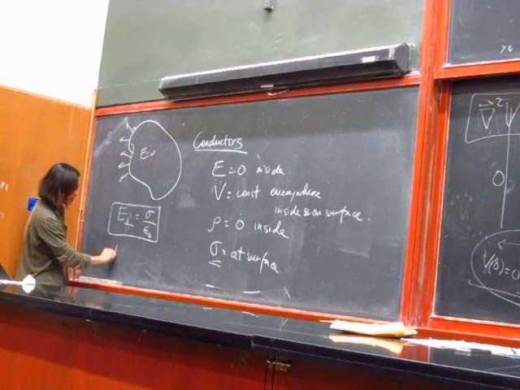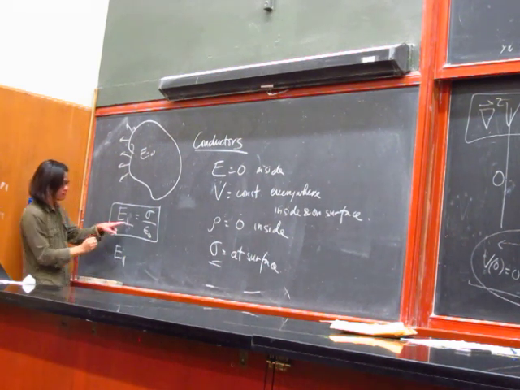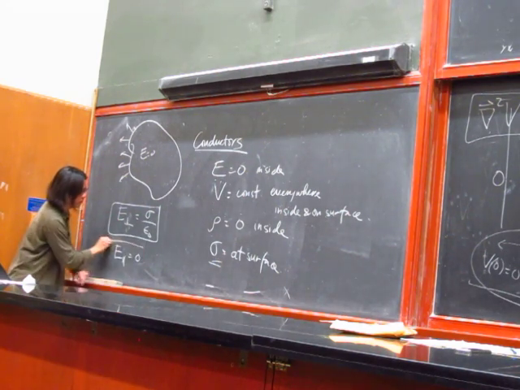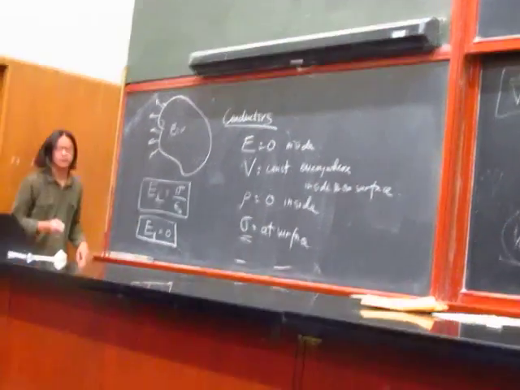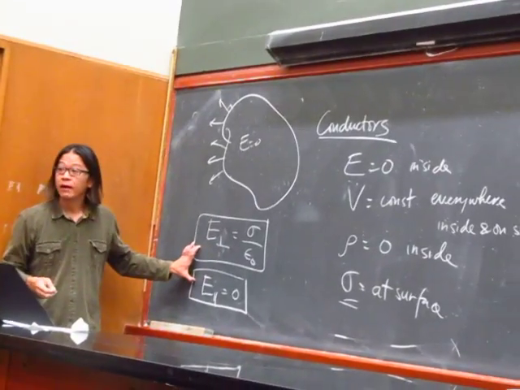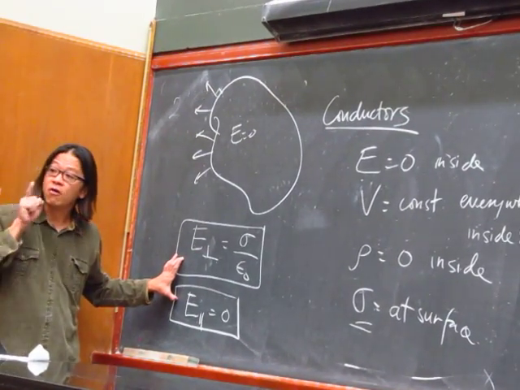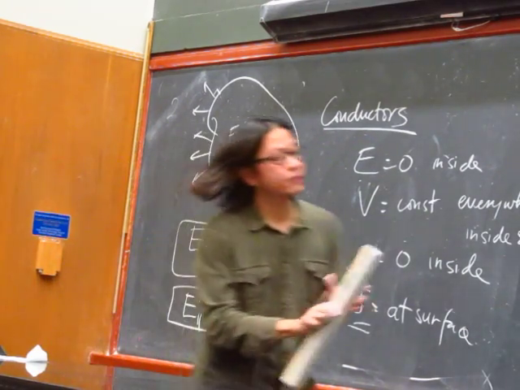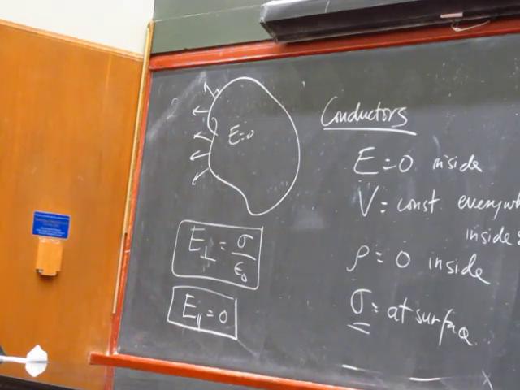The electric field parallel to the surface, as opposed to normal to the surface, has to be equal to 0. This we also established earlier. On the conductor, the field is always normal at the surface.